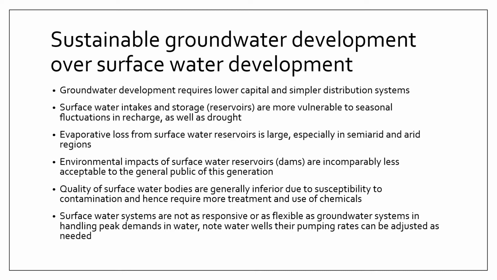Now, if you have a lot of water exposed on the surface, you will consequently get a lot of evaporation. And that is one of the drawbacks of having surface water reservoirs.